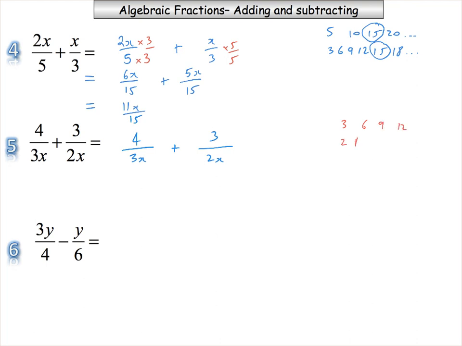And if we have the 2, 2, 4, 6, 8, 10. So if you said 6, you're correct. But we have x's with this, so we need to have a 6x.